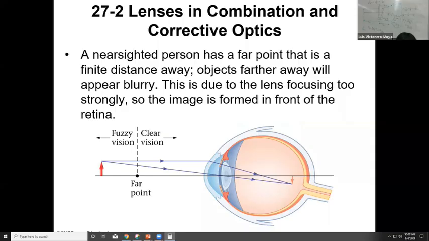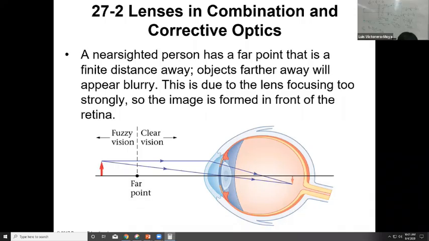Now let's understand the corrective optics for nearsighted people. For a nearsighted person, we first have to define a far point. A far point is the limit between clear vision and fuzzy vision.